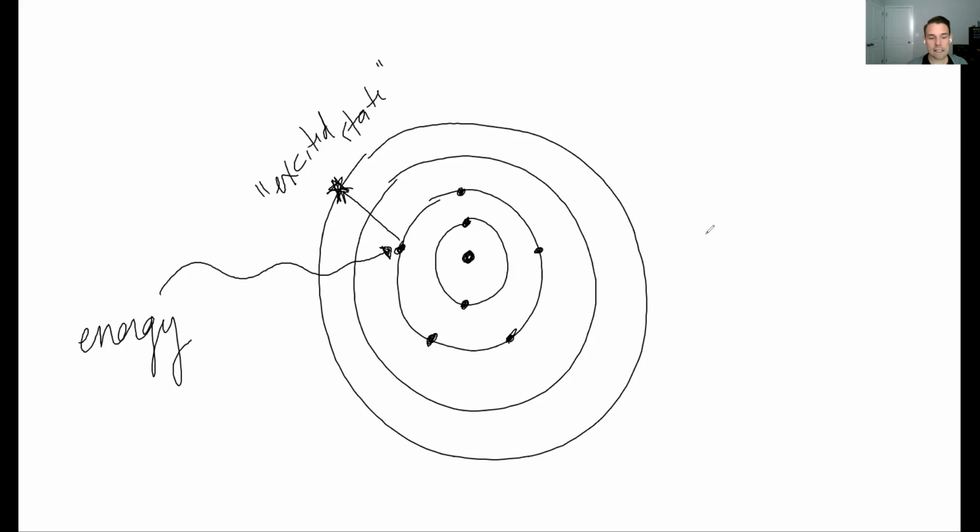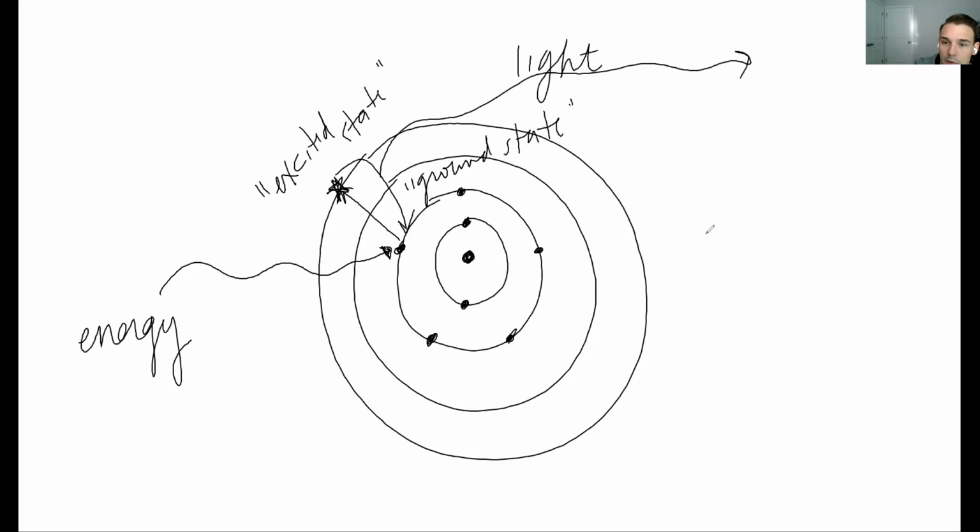Eventually, it'll have to go back down to where it came from, which is referred to as the ground state. When the electron goes back down to its ground state, the energy has to go somewhere, law of conservation of energy. So that energy comes off as light that we can see, okay?